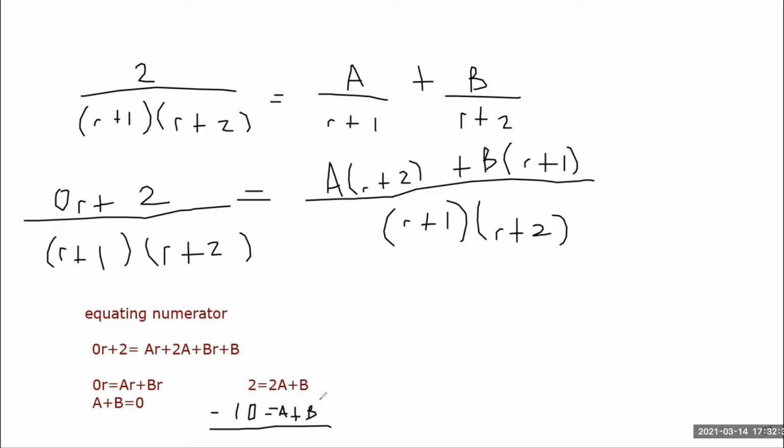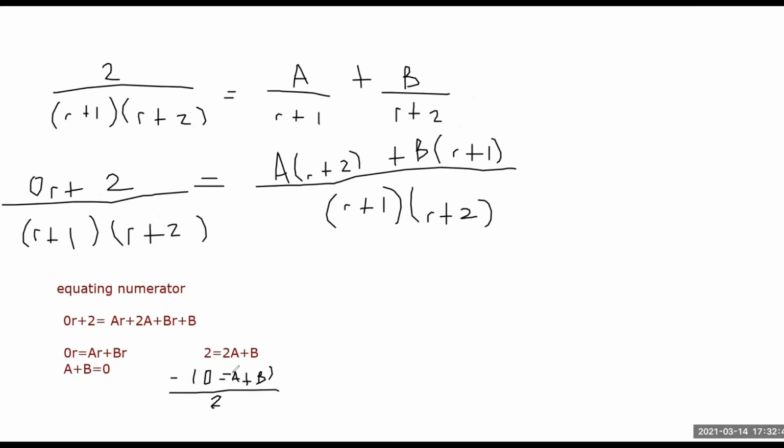Subtracting them, 2 minus 0 is 2, and 2a minus a leaves a, and b is gone. So that means a equals 2. If a equals 2, then that implies b equals negative 2.